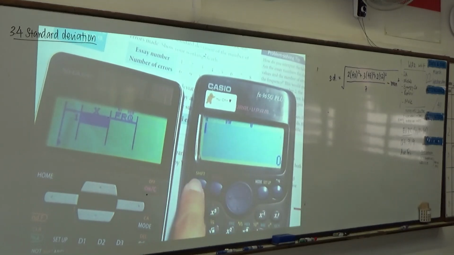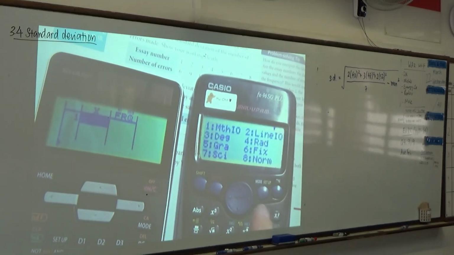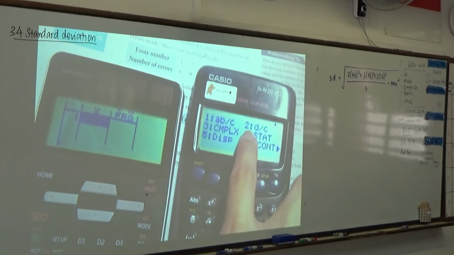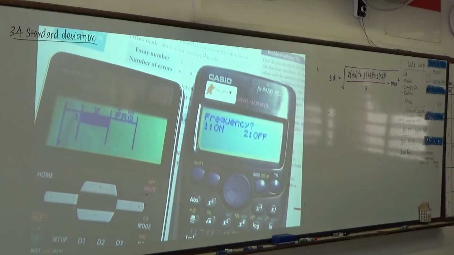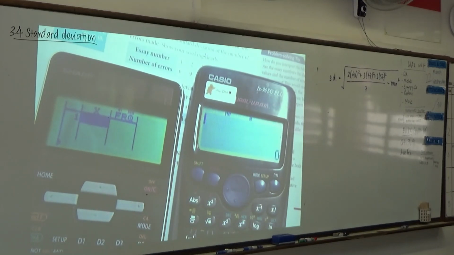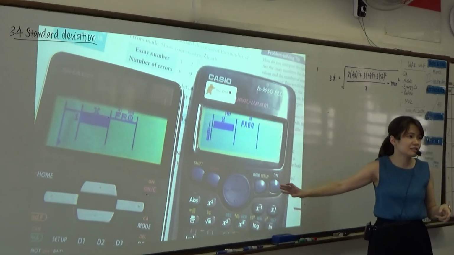You press Shift Set Up, then press the down button, go to Full Stat. Then you can switch on your frequency, such that when you go back to the same steps, you will now have the frequency column being shown.